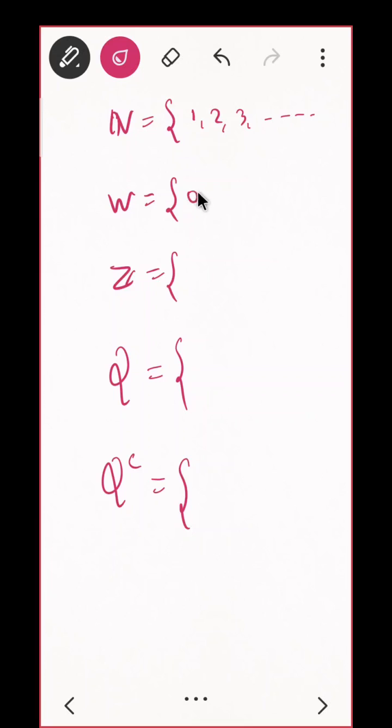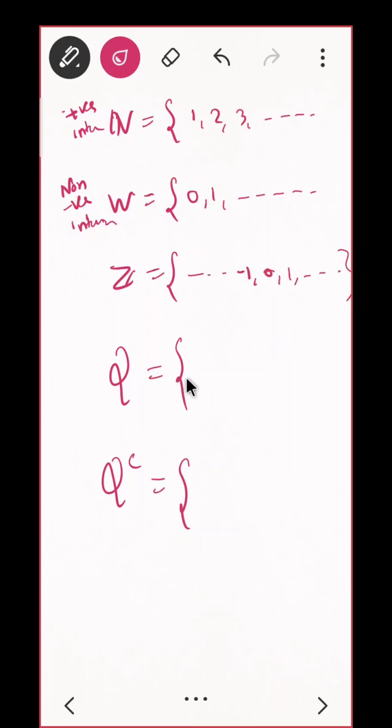Whole number is non-negative integers, you can say. This is positive integer. This is non-negative integer. Non-negative means it can have zero also. Integers, okay. What are integers? All the values: minus 1, 0, 1.